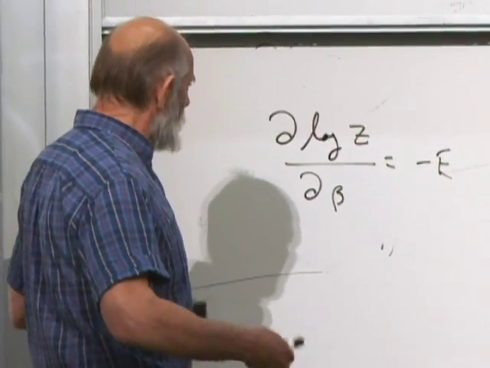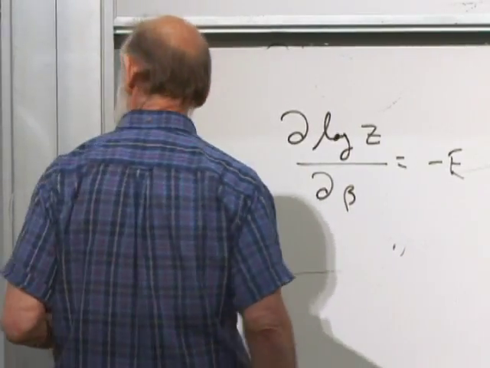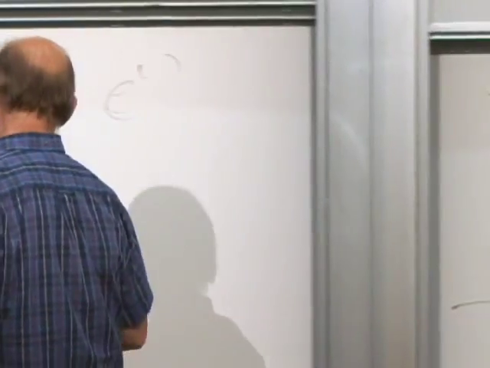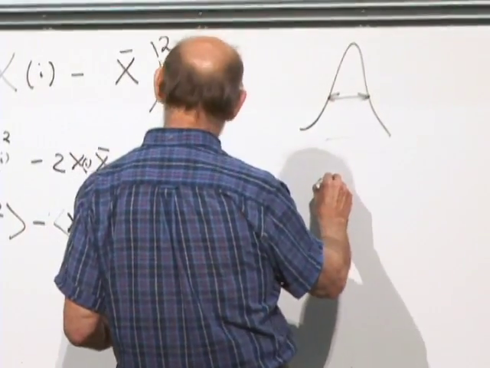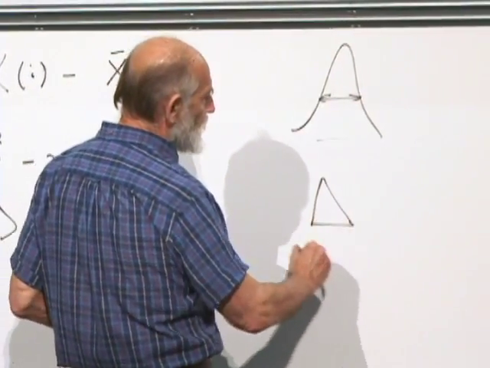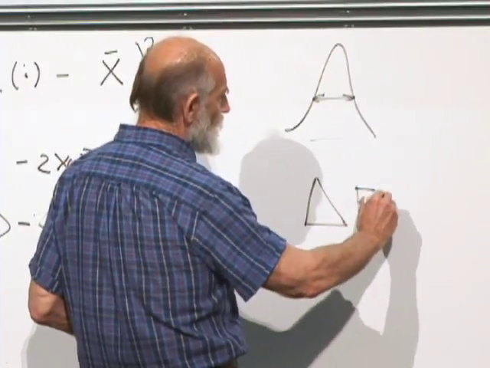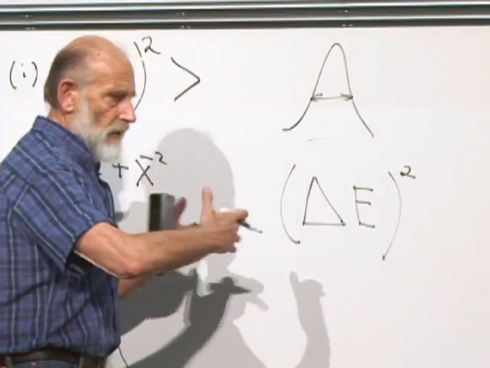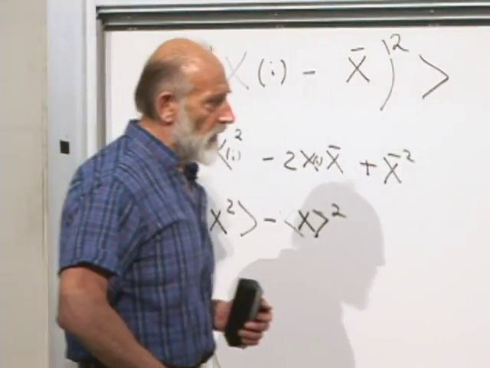But let's do a little more with it. I guess I can call it the fluctuation in energy squared. Let's think of it that way. Uncertainty, or the spread in the energy squared.